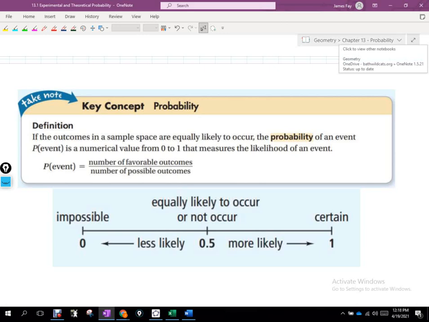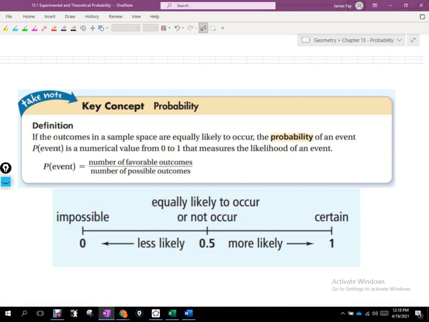We're not saying that it is going to happen, we're saying it's the likelihood. Does that make sense? So the probability of an event is the number of favorable outcomes, the number of outcomes that are aligned with the event, divided by the number of possible outcomes.